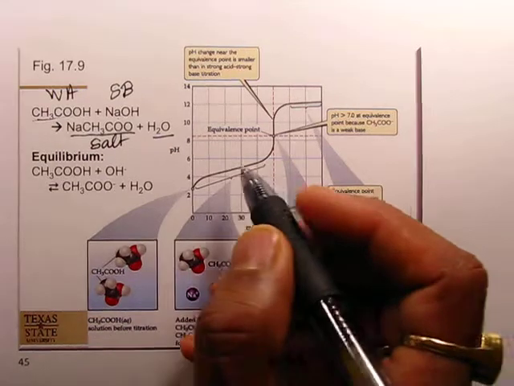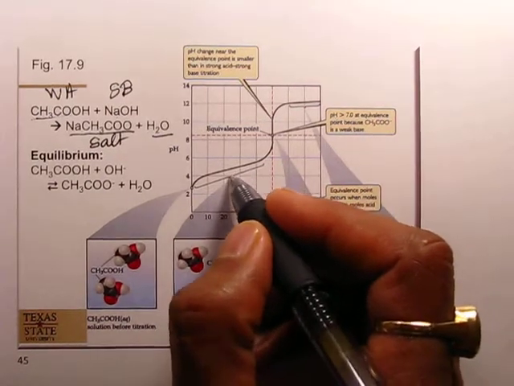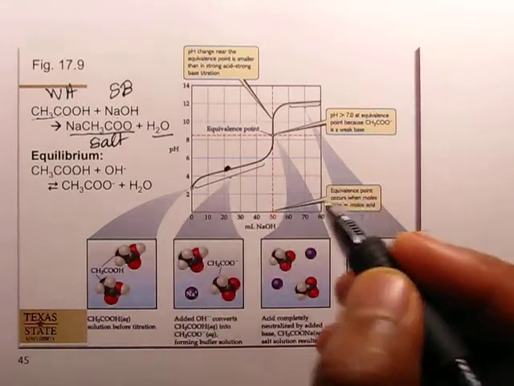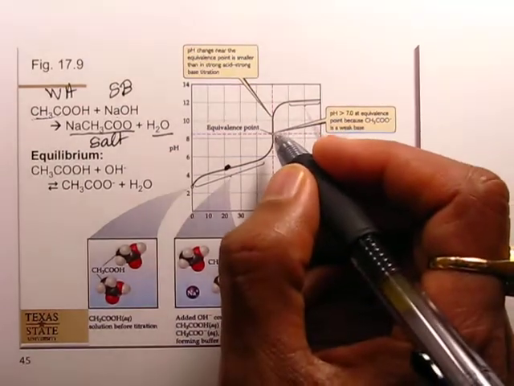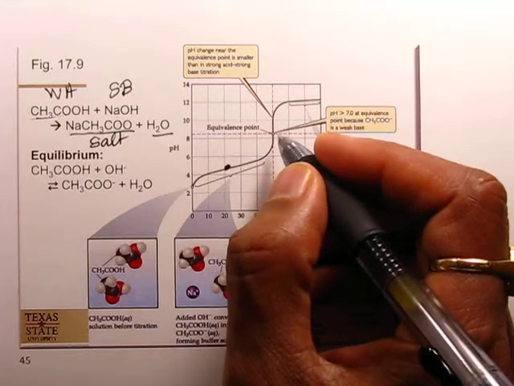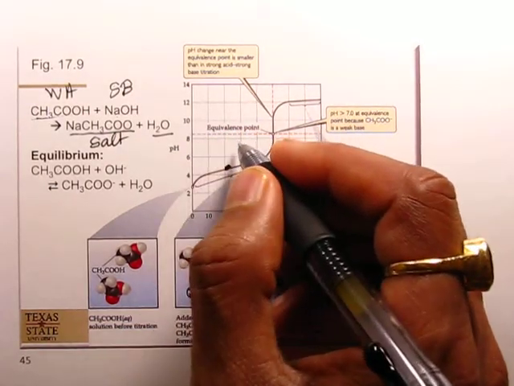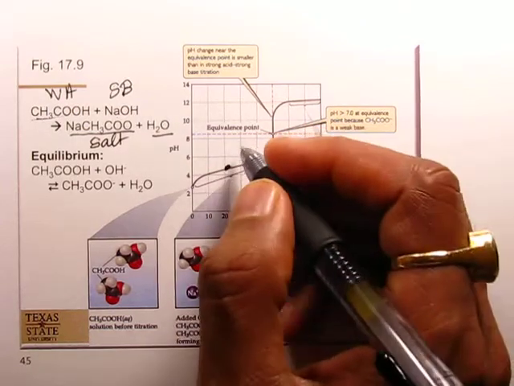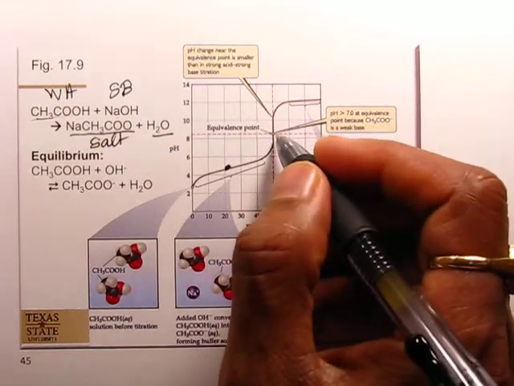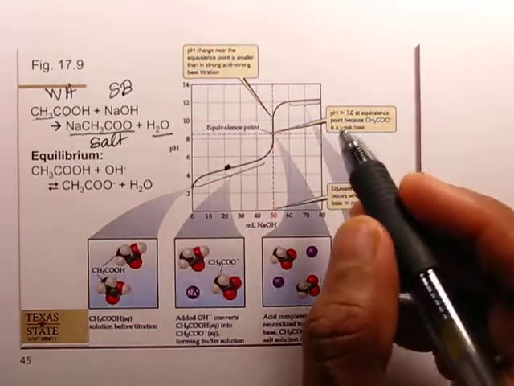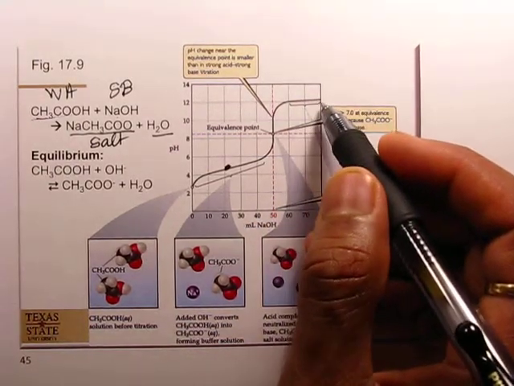Then we have a midpoint somewhere here, the middle point, and when we reach the equivalence point, the pH is above 8, even above 7, basically neutral. So the equivalence point lies in the basic region, and at the end we go to basic conditions.